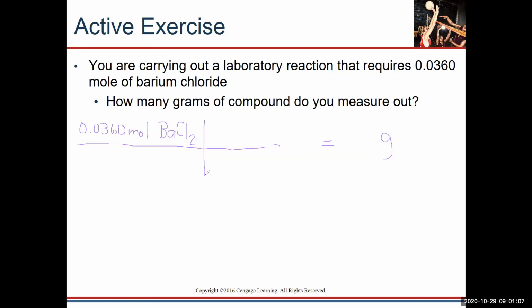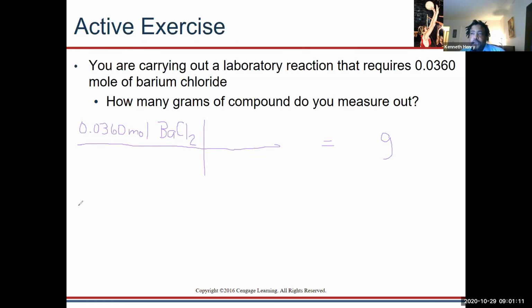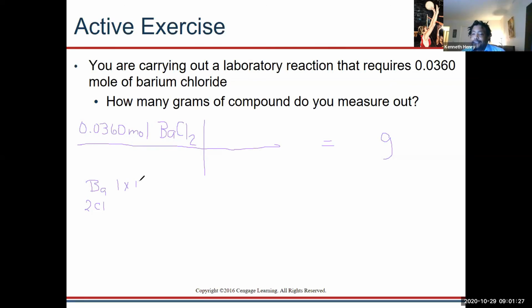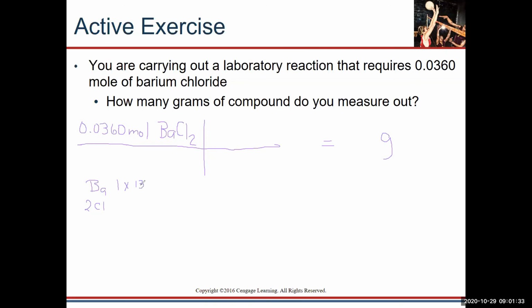First, find the molar mass of barium chloride. Barium chloride has 1 barium and 2 chlorides. What does barium weigh? 137.33.